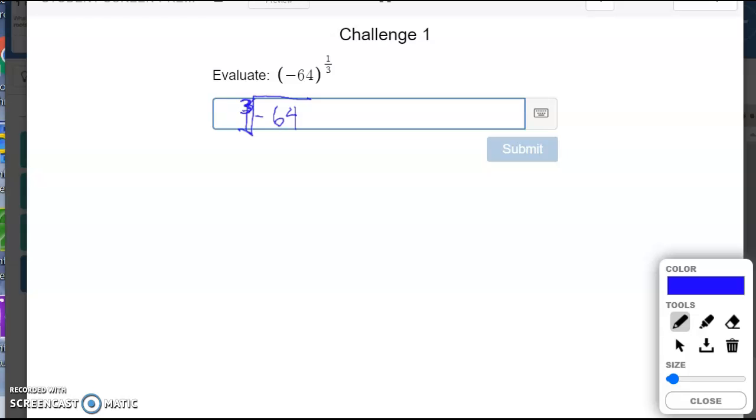So what it is asking is, what number multiplied by itself 3 times is negative 64? Well, I know that if x times x times x is positive 64, x is 4, because 4 times 4 times 4 is 64. What do you think is the number that would give negative 64 when you multiply 3 times?